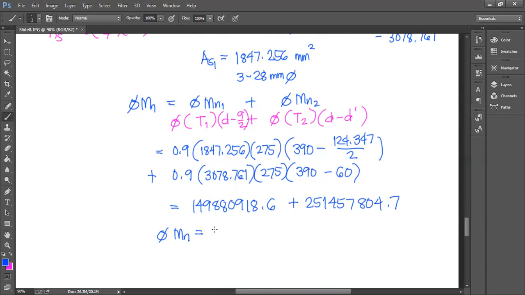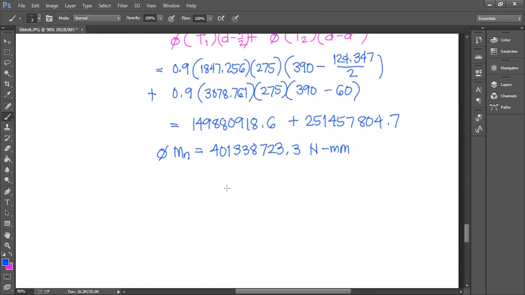So yung φMn natin is 401,338,723.3 Newton mm, or meron tayong 401.339 kilonewton meter.